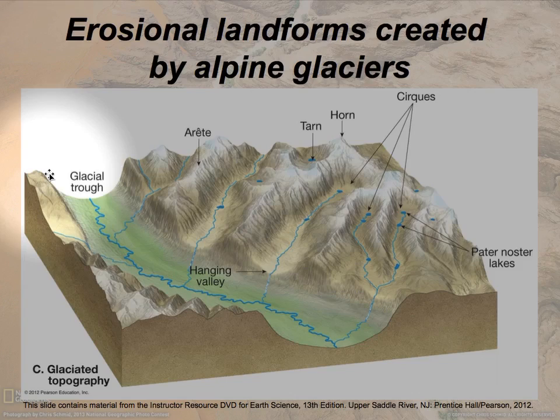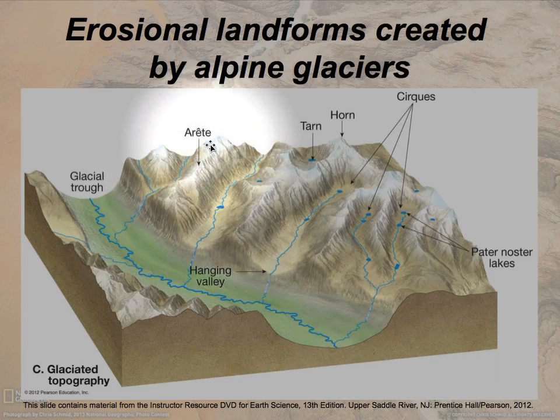Downcutting by streams typically occurs in a V shape until you get down to that lower zone of the profile where meandering and floodplains take place. But when you find high altitude mountainous U-shaped valleys, those are almost always caused by glaciation. Large glaciers traveling through this valley, eroding away the material as they go.